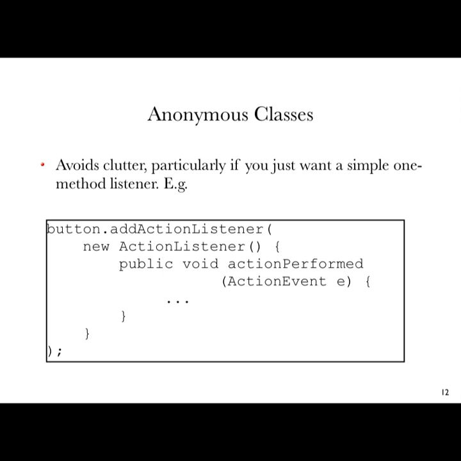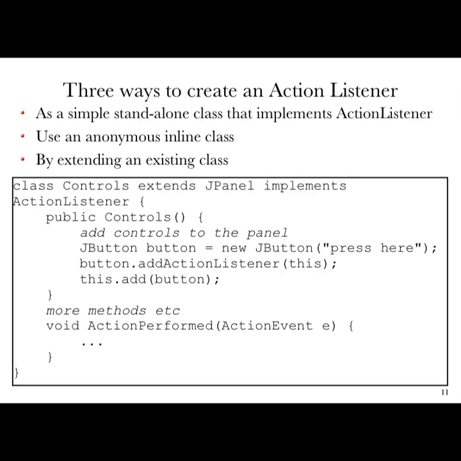What does the action listener actually do? What does this method, actionPerformed, do? When the button is pressed, when you click on it with the mouse, the stuff that you put in there is what you want the program to do as a result.